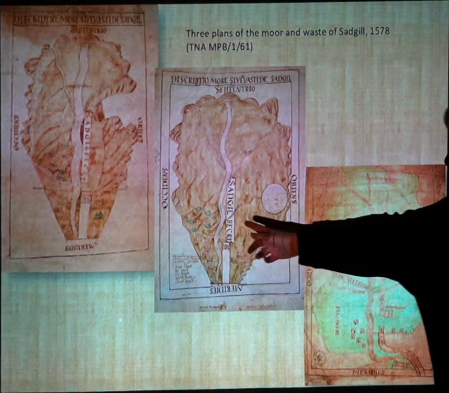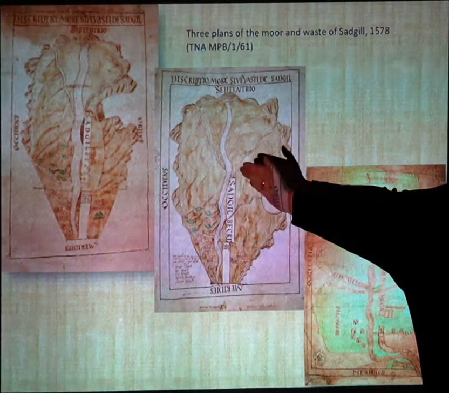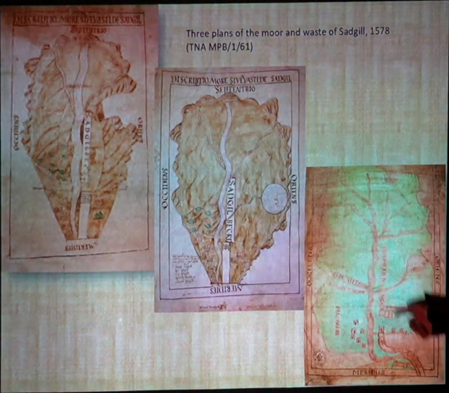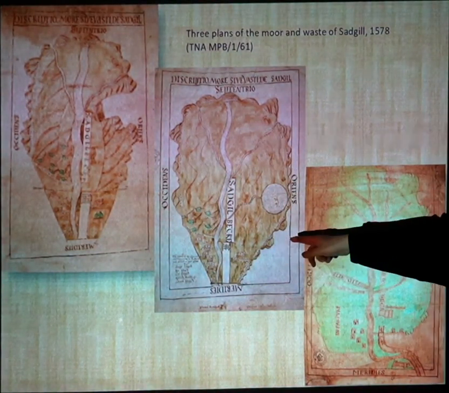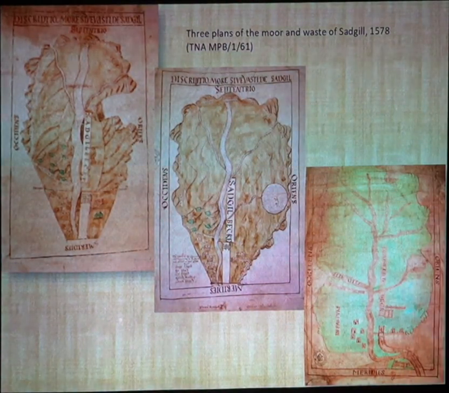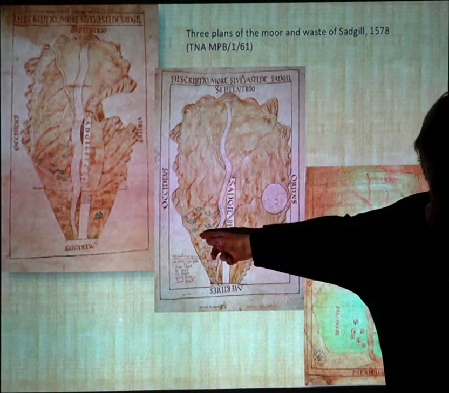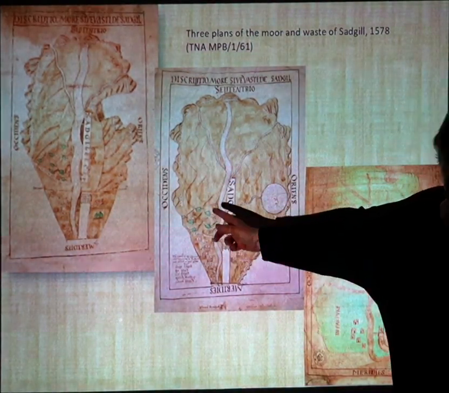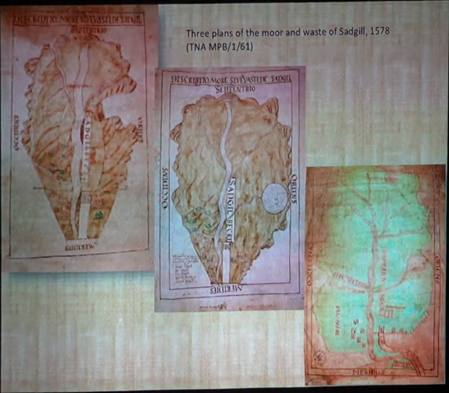So you've got the settlement here, which is the farmsteads scattered all along the valleys, and then you've got the head dyke here and the fell beyond. Now if you walk up there and go through the head dyke today, there's an area of woodland and there's a farm in here called Low Sad Gill.